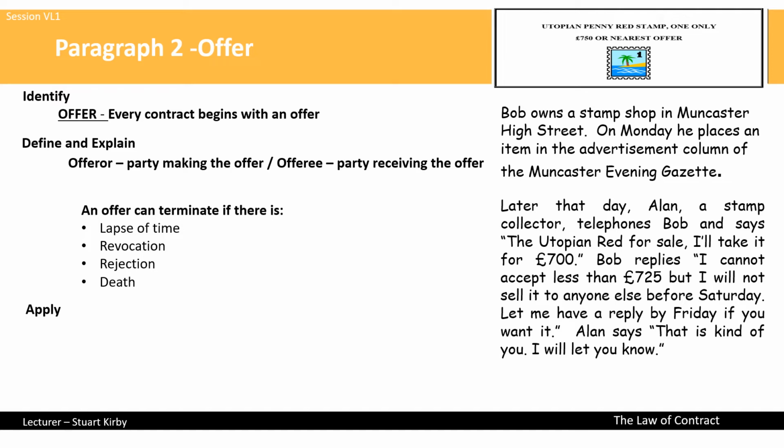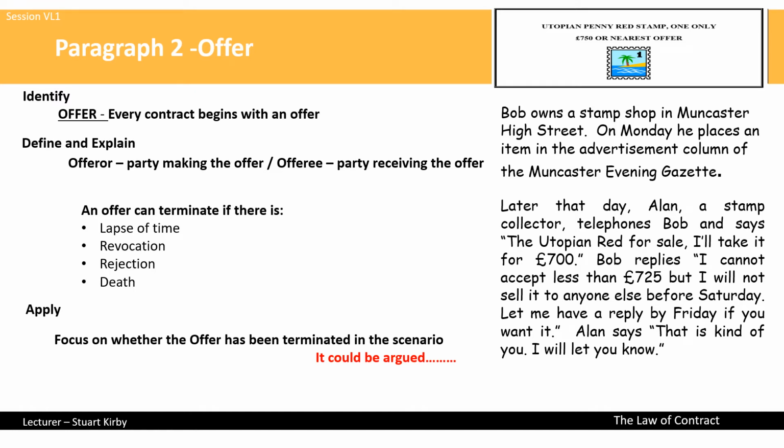The idea now, when you move to the apply part of the acronym, is to apply revocation and rejection to the stamp scenario you see here. And I think the phrase "it could be argued" is very useful. So you might focus in on, for example, rejection. Another explanation of rejection is something called a counter offer. So you look over at the scenario and you see that Bob's original offer is £750, but Alan makes a counter offer.